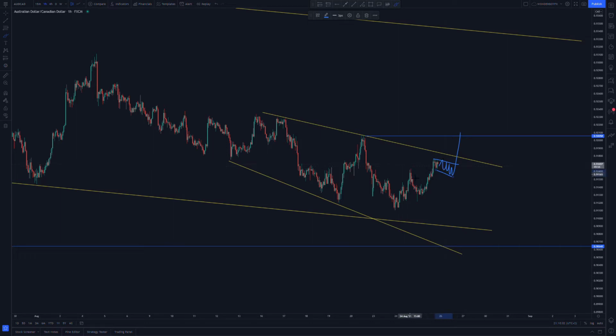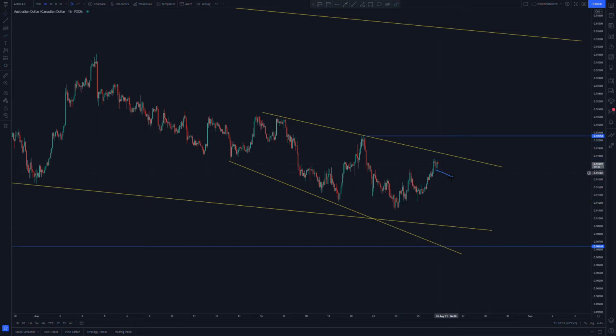As you can see, how we've been pushing here, we push and then form this low, we push and then form this low, now we push. It might happen that you can form another low and then continue push to the upside.